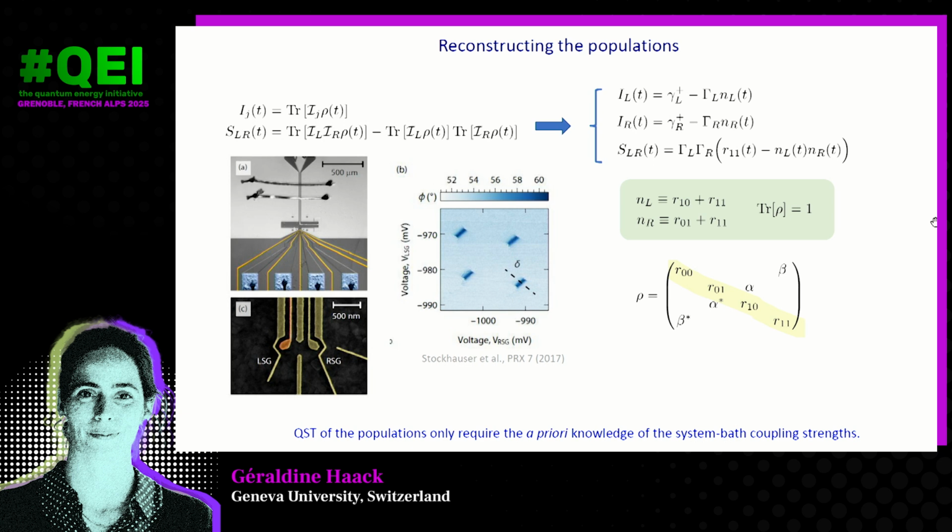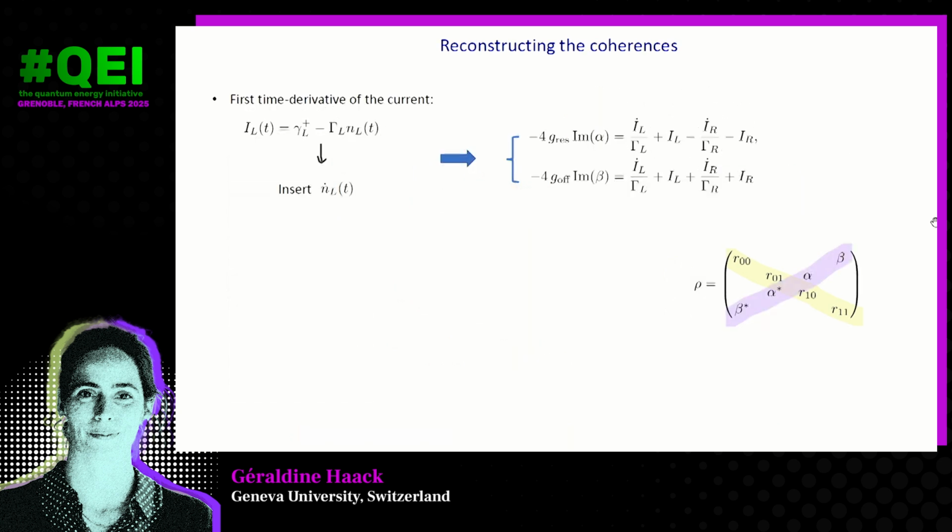But when you take the current and the noise at a certain time, it only gives access to the populations. So you have to look at other quantities, and what we propose is to look at the time derivative of the current. So you take the current, if you derive it with respect to time, you have to insert the derivative of the population, and this again, you have it from your evolution equation.